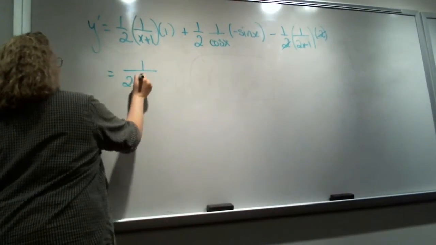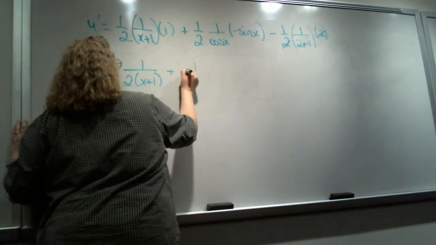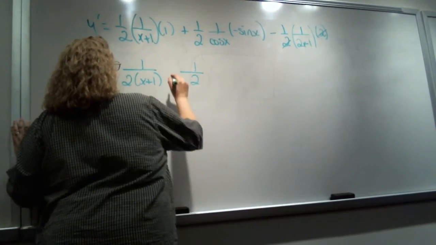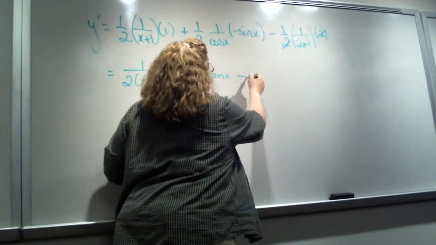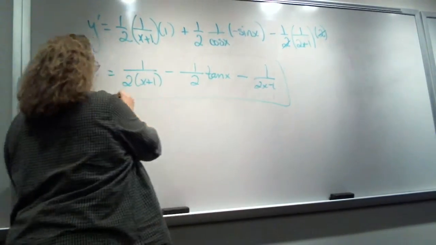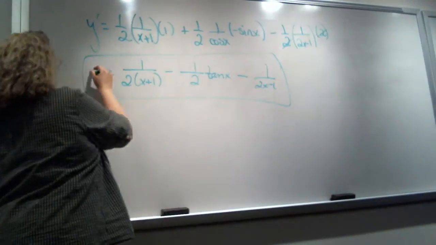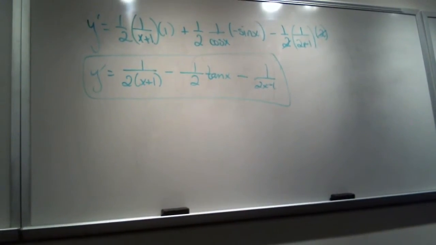This is 1 over 2 times x plus 1, minus 1/2 the tangent of x, minus 1 over... What's different? That 2. The 2 would make it 2x plus 2 on the first term, but 2x minus 1 on the last one. So we're good. That is it. There's your derivative, nice and clean.